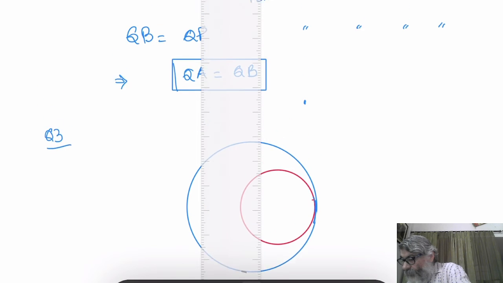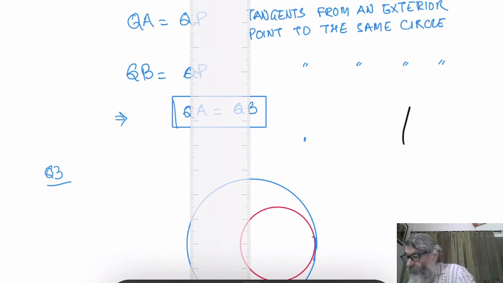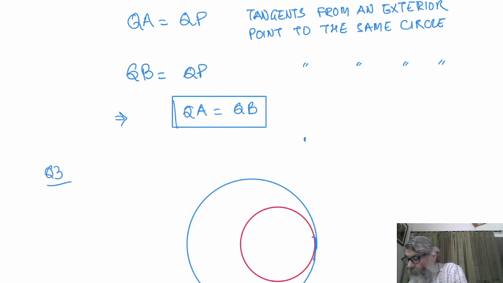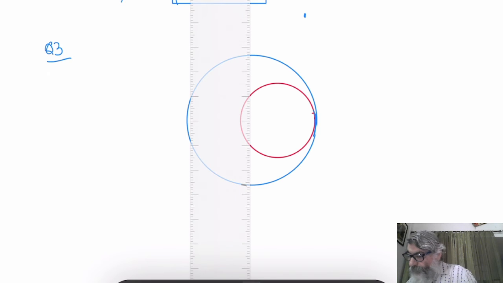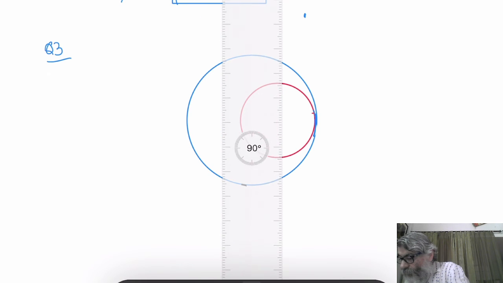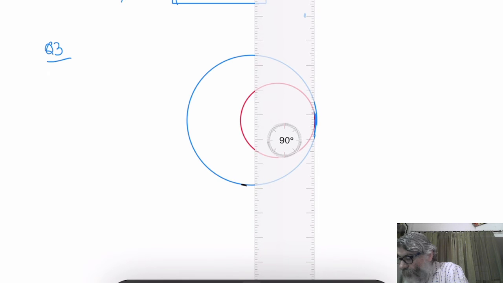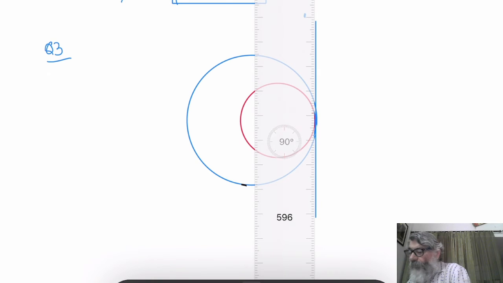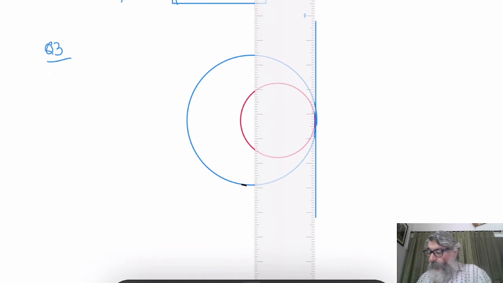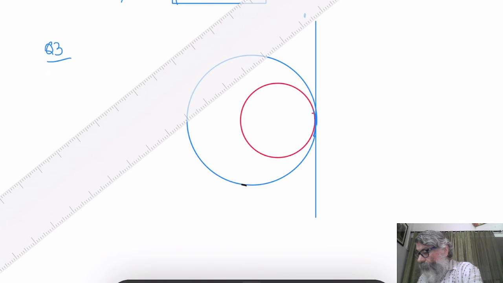Okay, let me draw this common line. Then let's take another color and draw.